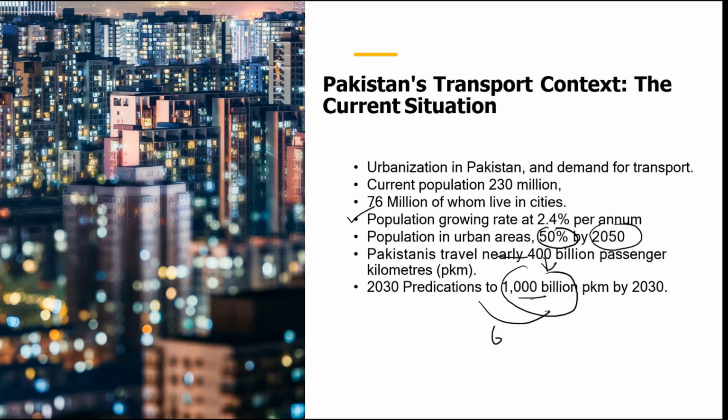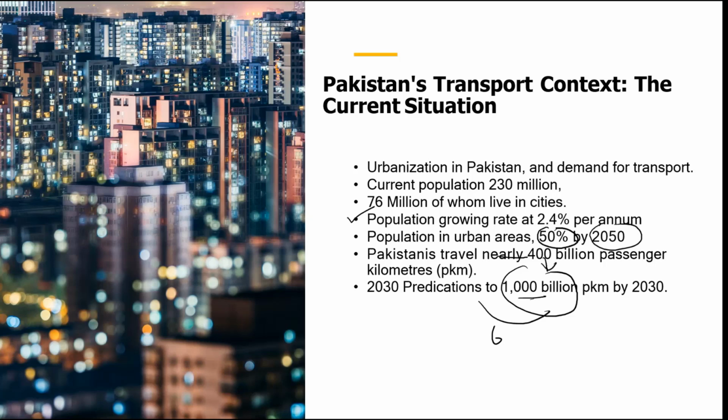Keep in mind one thing: population growth rate, the percentage of people living in urban areas, the percentage of people living in remote areas, and within urbanization, within the city, how much is the per capita travel mobility, or does he or she have the requirement to travel. You should have a very clear picture of that.